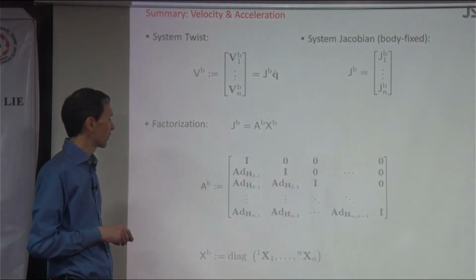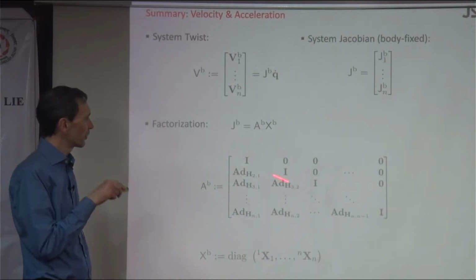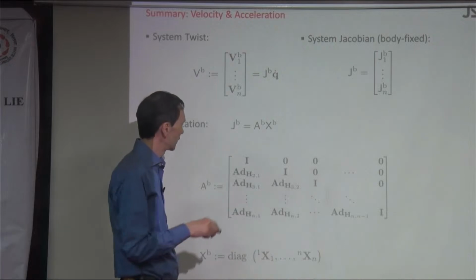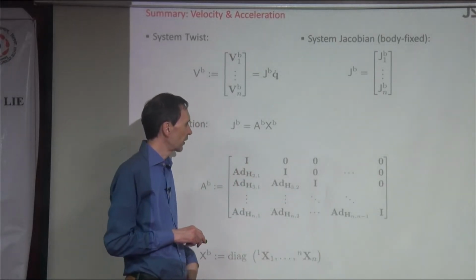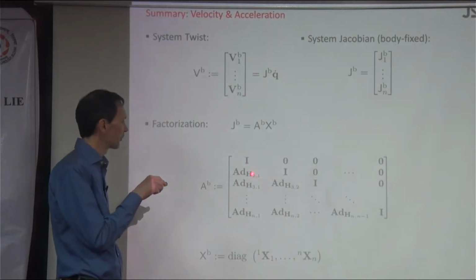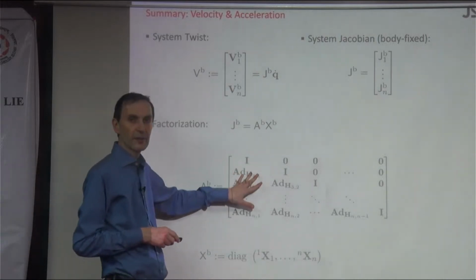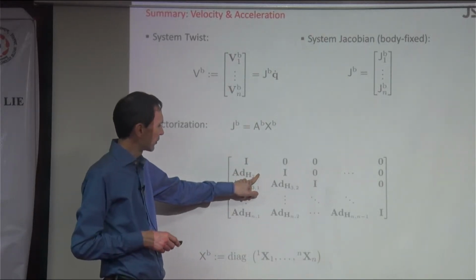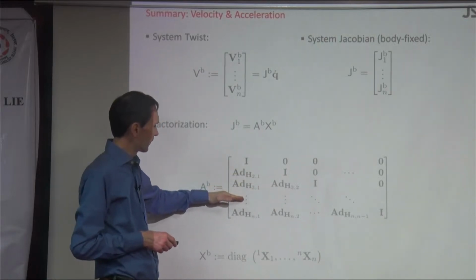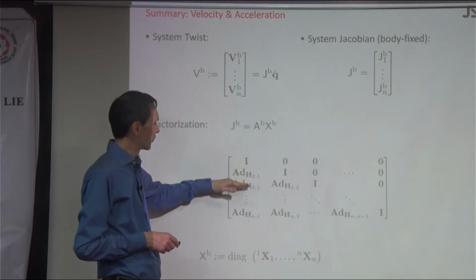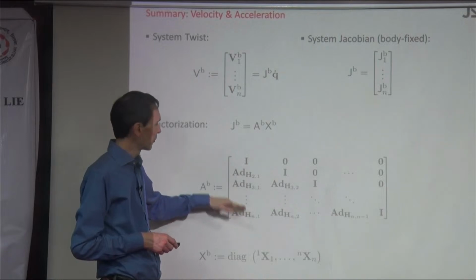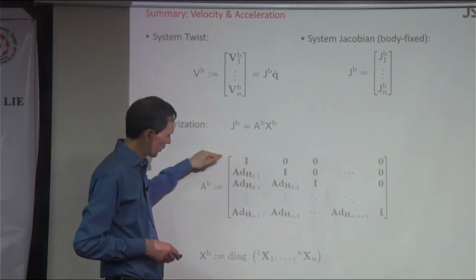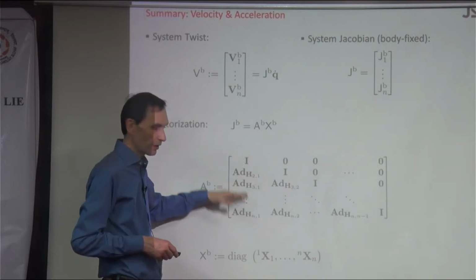Okay, and this matrix A was the one with this triangular structure, where we have the 6 times 6 identity matrix on the diagonal, and we have the transformations here. And again, this is very systematic because this is always transforming from frame 1 to frame n. Because what comes out here is the Jacobian of body 2, body 3, up to body n.